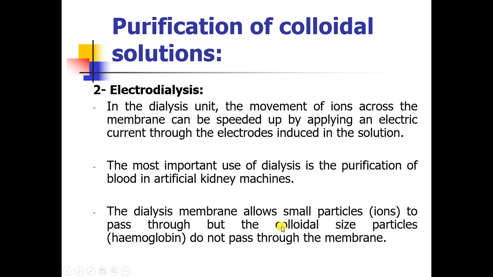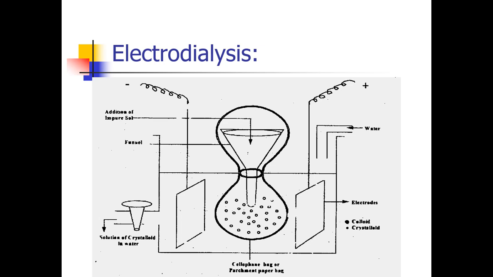The dialysis membrane allows the small particles, ions, or molecules to pass through, but colloidal-size particles like hemoglobin do not pass through the membrane. So it depends upon the size. Only the smaller molecules or particles can pass through.